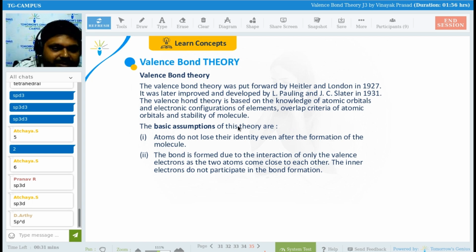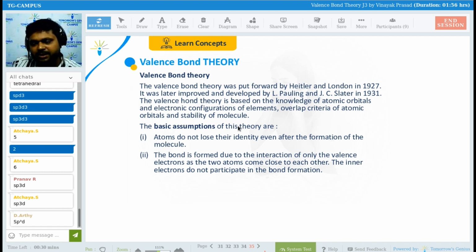See, actually, the VSEPR theory and Lewis dot structure were not able to say much about the geometry and the number of electrons in any compound. So to replace that, a new theory has come, since their hybridization was not much clear, right?